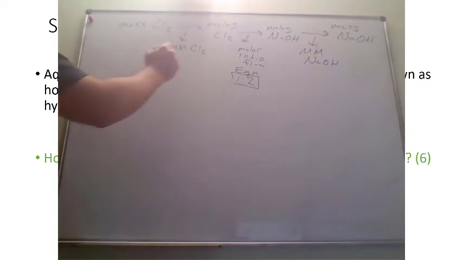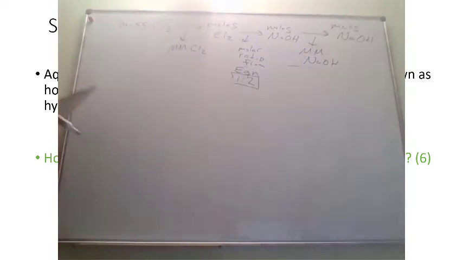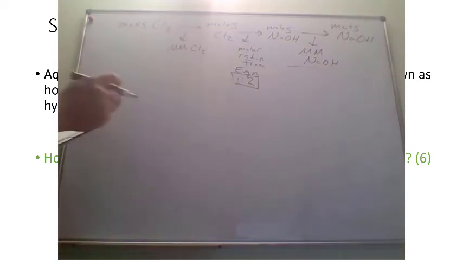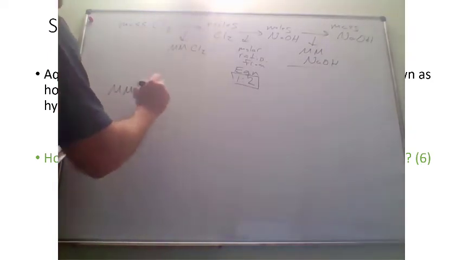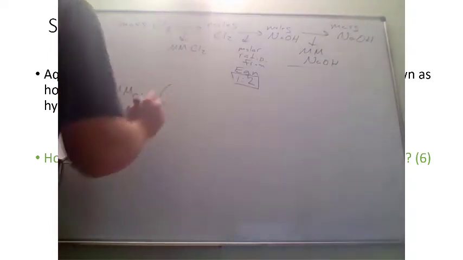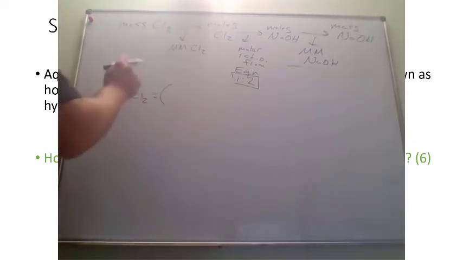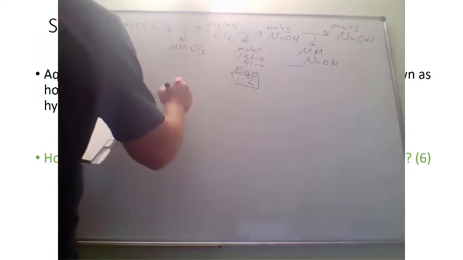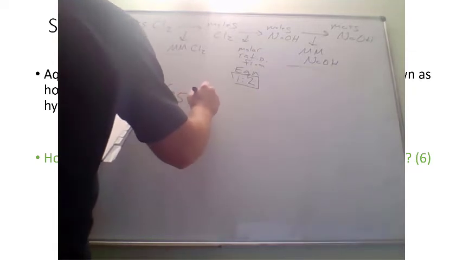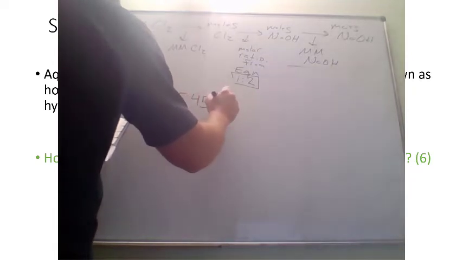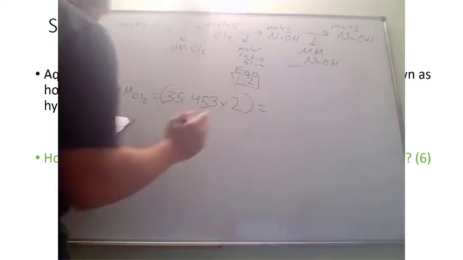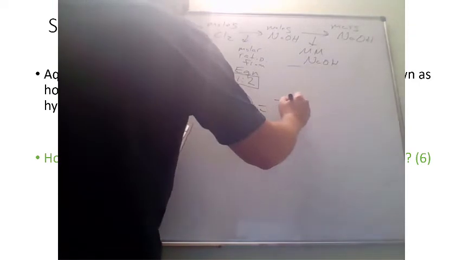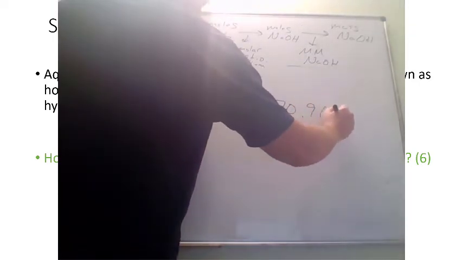So the next step, we need to determine our conversion factors, these molar masses of Cl2 and NaOH. And so to do that, we need to calculate the molar mass. So the molar mass of Cl2 is going to equal, again, we're going to look at our periodic table and see that chlorine has an atomic weight of 35.453 times 2 atoms, which is going to give us an answer of 70.906.